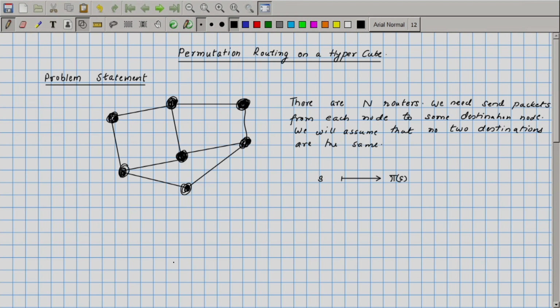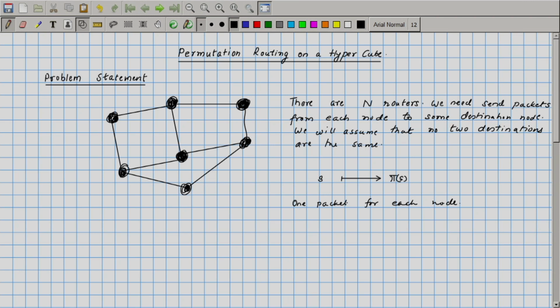This is what we want to do, and when we want to do this, we have to fix the path along which each packet is going to be routed. We will assume that there is precisely one packet for each node, and that packet needs to be sent to the corresponding destination.